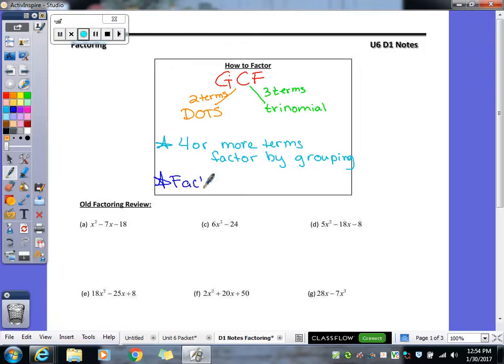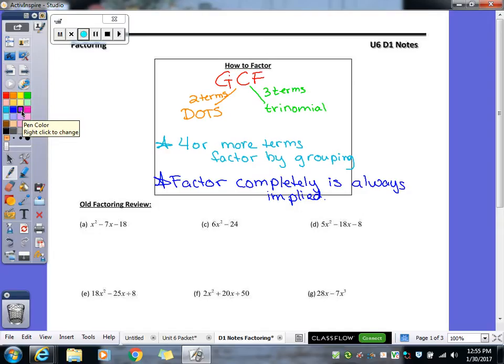They never tell you to do it. You need to know to do it. So factor completely means sometimes we have to factor more than once.